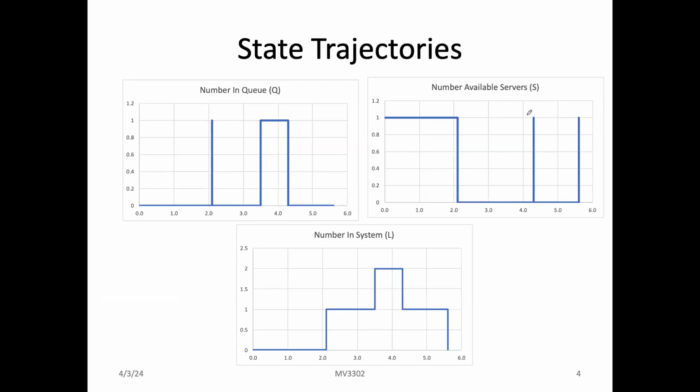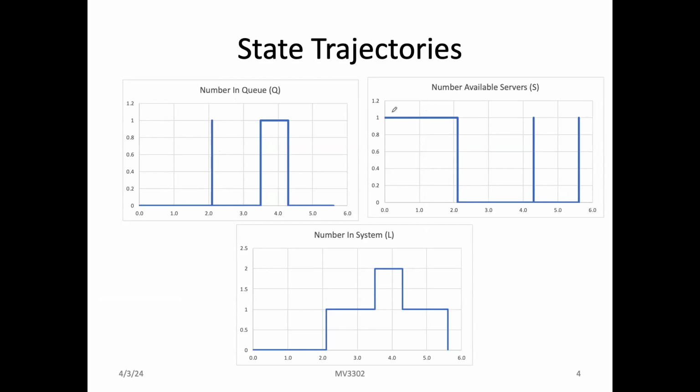Okay, so those are the values that we want to have. If we were to graph our state trajectories, they look like this. The number in the queue, if you remember, stayed constant, and then around here it popped up, but then it immediately popped back down with 0 time. Then it popped up and stayed there a little bit and then went back down.